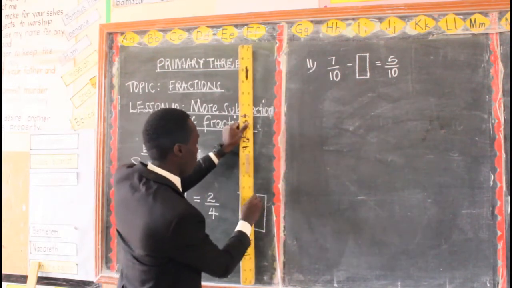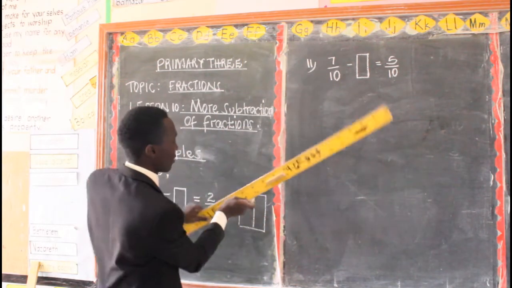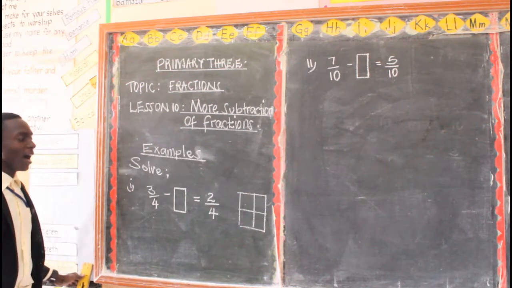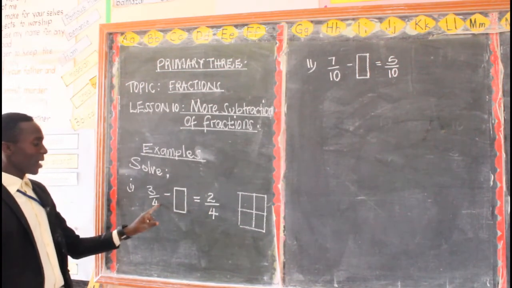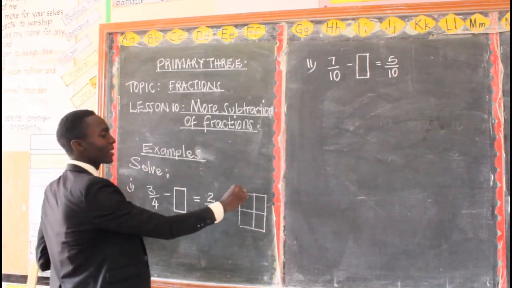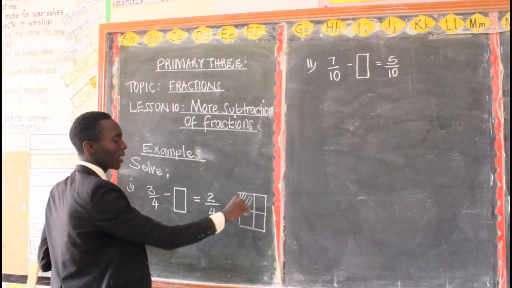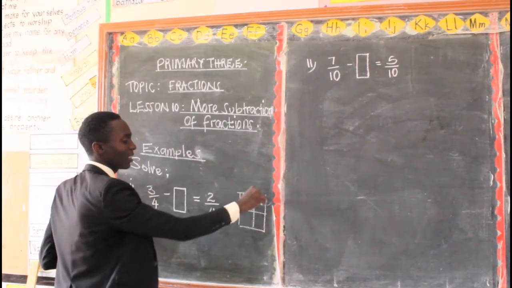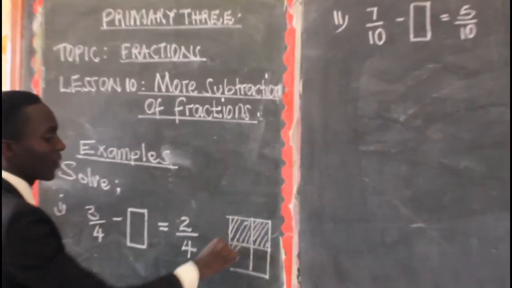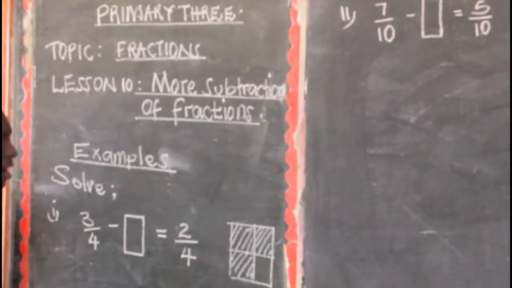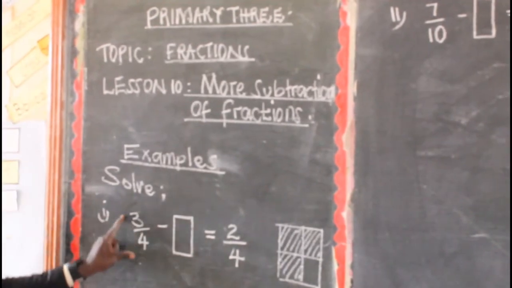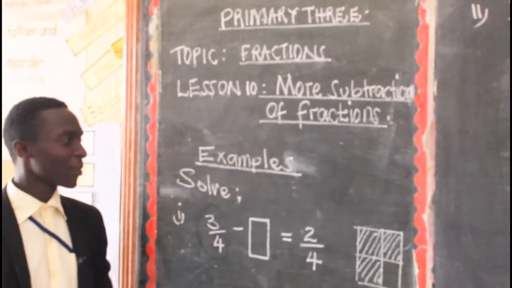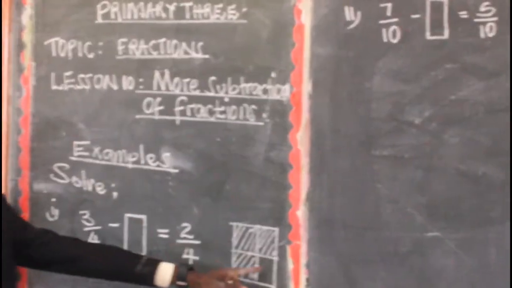If they are 4 parts, we have 3 parts shaded. This is 1 shaded. Another one shaded. Another one shaded. So we have this fraction, 3 parts out of 4 parts.